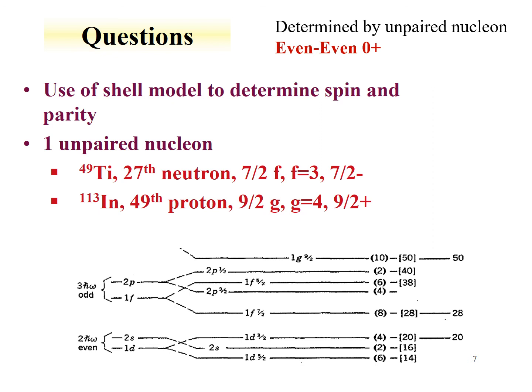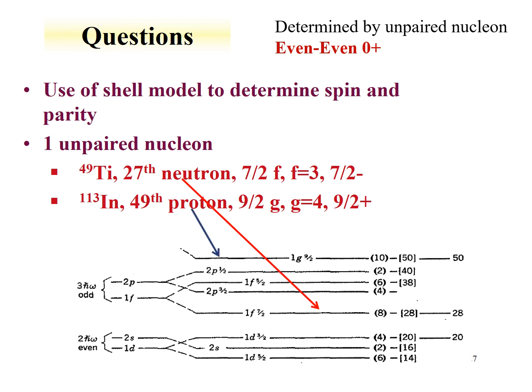An example, titanium-49: the 27th neutron is the unpaired neutron, and in the shell model that lives in the f 7/2 shell, so the spin is 7/2. F is 3, that is odd, so the parity is minus. If you examine the chart of the nuclides, you'll find that titanium-49 is indeed 7/2 minus.